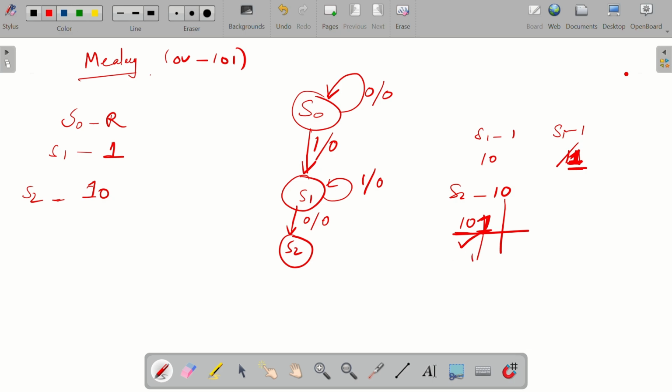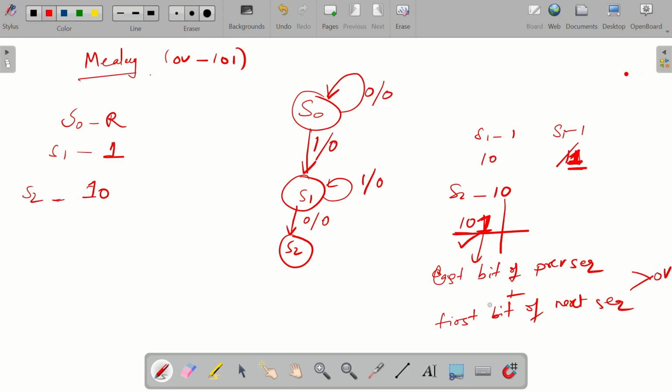This last bit of your previous sequence is also the first bit of your next sequence. And this is possible because this is an overlapping case. You can leverage the last bit of your previous sequence. So the state where you already have a 1 with you is your S1 state. So in case I get a 1, I move to state S1.